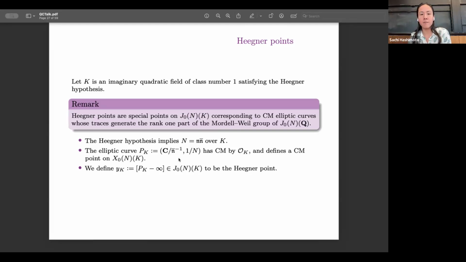And actually, this elliptic curve will have CM by O_K, the way that we've constructed it. And embedding by the Abel-Jacobi map with base point infinity, this also gives us a point on J_0(N) defined over K. And this is what we call the Heegner point.